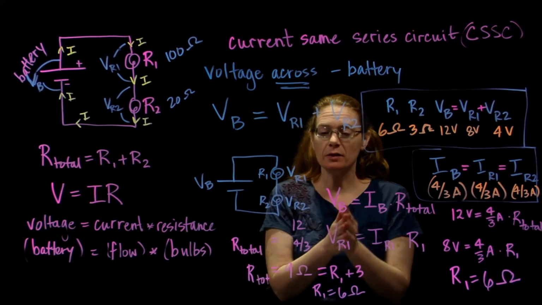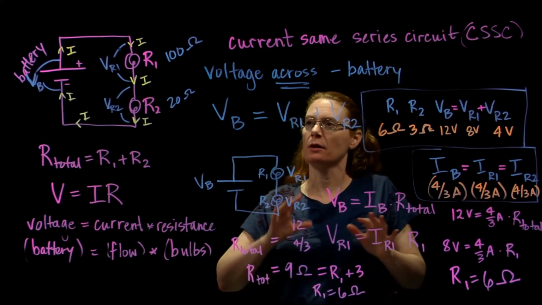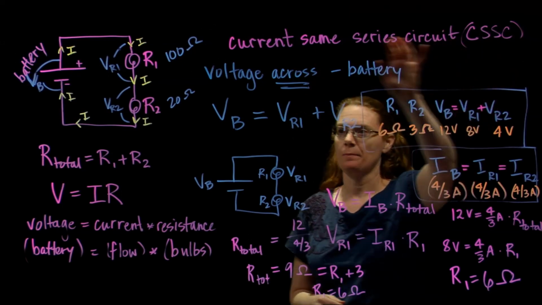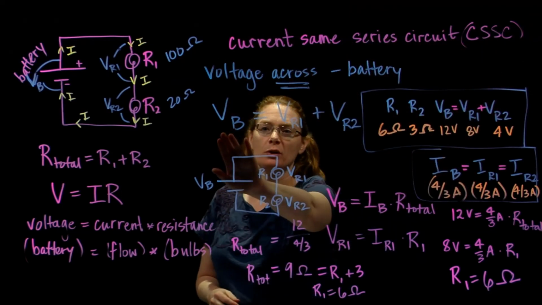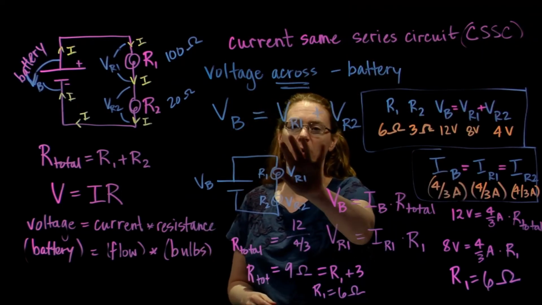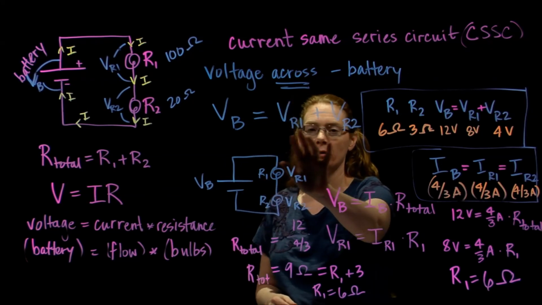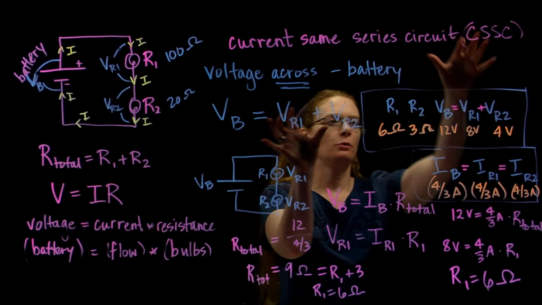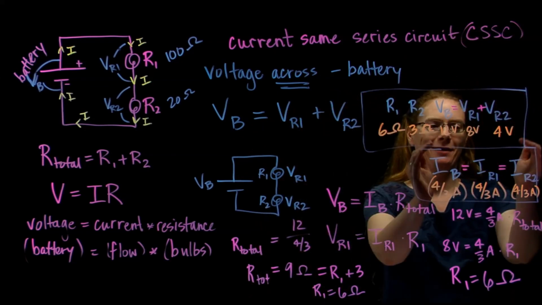So for series circuits, this is the kind of process you're going to take. You need to recognize that the current's the same in a series circuit and that the voltage across the battery is going to be the voltage across resistor 1 plus the voltage across resistor 2. Those two will kind of tell you about this and this.